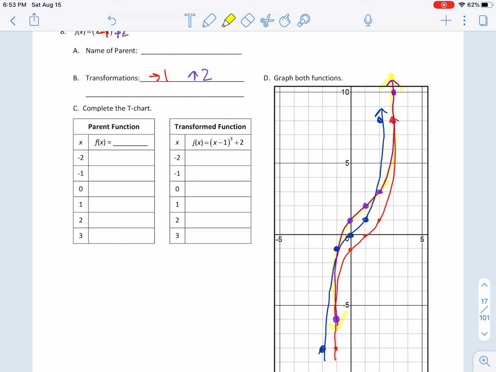But I also give partial credit based off of this information right here where it says move right 1, move up 2. And so something like where you saw I made the mistake of accidentally putting my original point on the 9 instead of the 8, I would be able to know that you made a mistake there at the beginning and that it had nothing to do with your ability to move up or over.